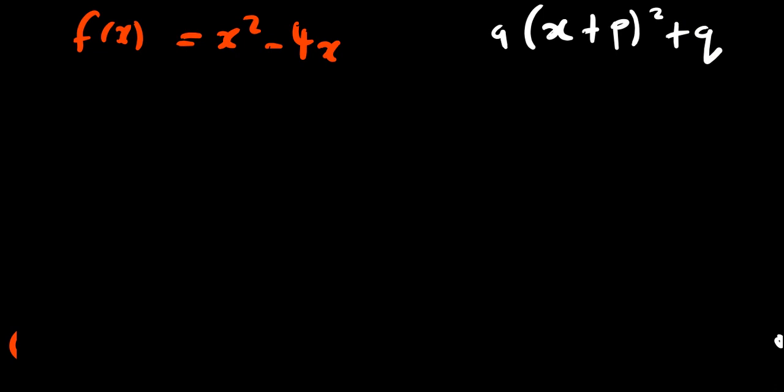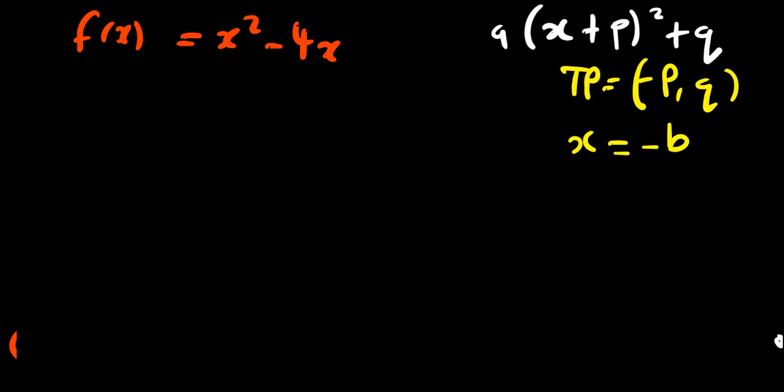The turning point of the graph, the way you're going to find it, is negative p, comma q. Others will just use the same equation: for the value of x at the turning point, x is equal to negative b over 2a. So in this case, that's how we're going to find the turning point.